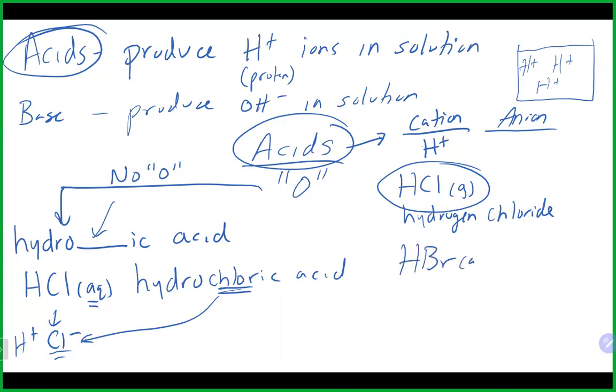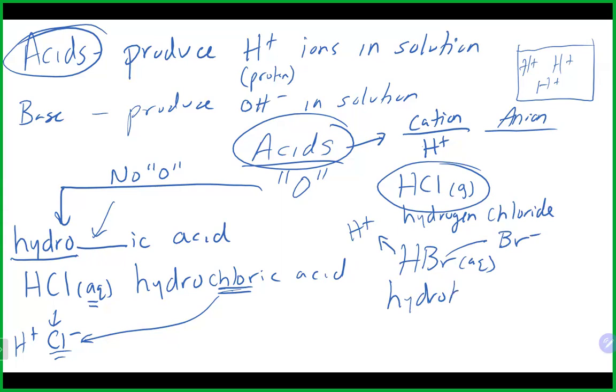HBr would be called what? Is there oxygen? There is no oxygen. So it's going to always start with hydro. The cation here is H plus. The anion is Br, which is group 7 on the periodic table, Br minus.